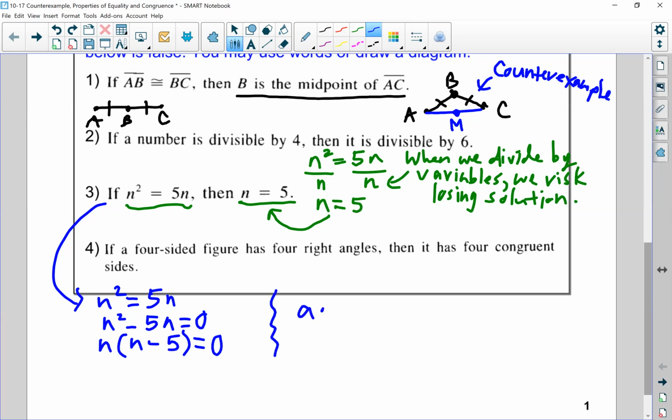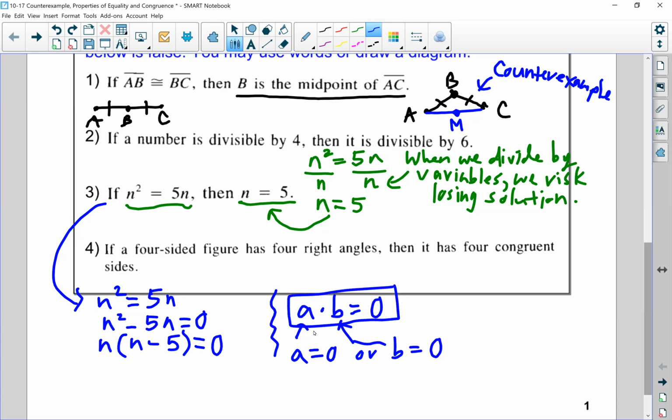Let's say a times b equal to 0. What that implies by the zero property is that one of those quantities must equal 0. So either A equals 0 or B equals 0, right? One of those quantities has to equal 0 for the product A times B to be equal to 0.